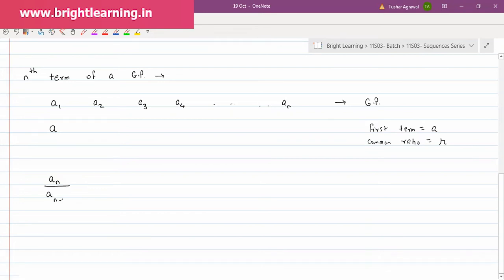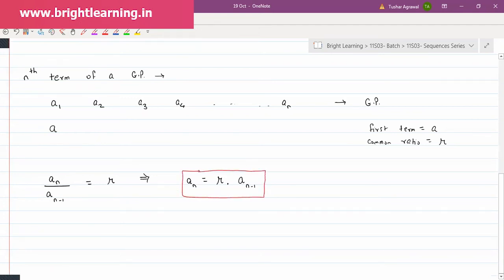The previous term is the n minus 1th term. Nth term upon n minus 1th term is equal to R. So this implies any term, that is, the nth term, is equal to R multiplied by its previous term. This is the first formula in my book. Any term is equal to previous term into R.